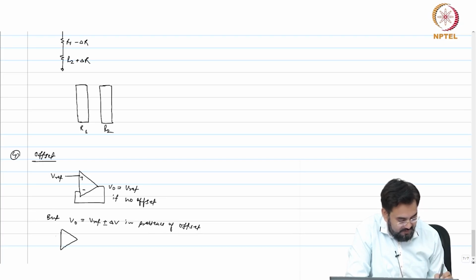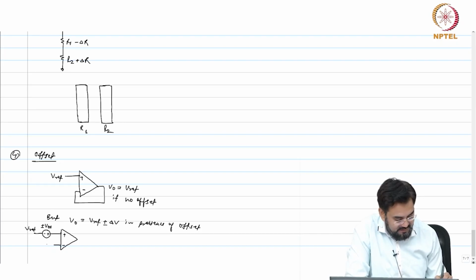So if I draw an open loop, you represent it with the source, this could be plus minus VOS, Vref, and this is your again Vout. So what will be this?